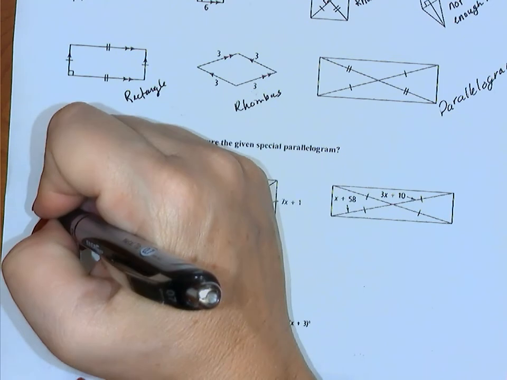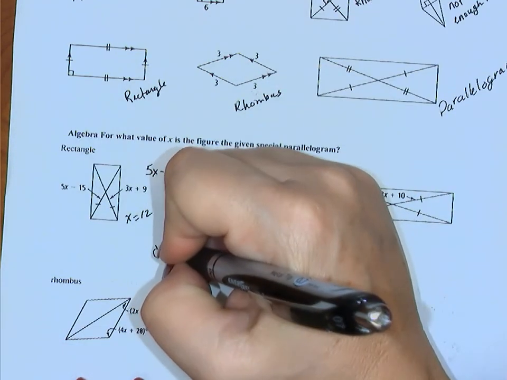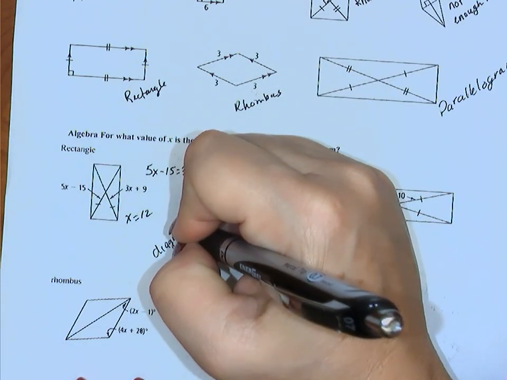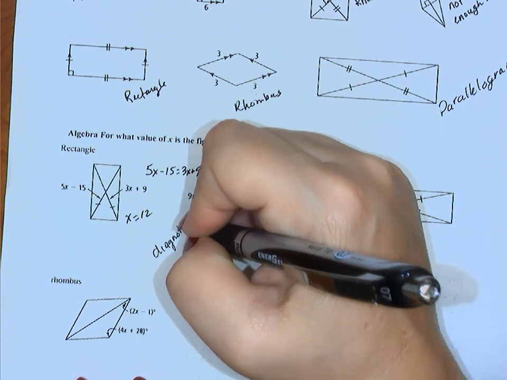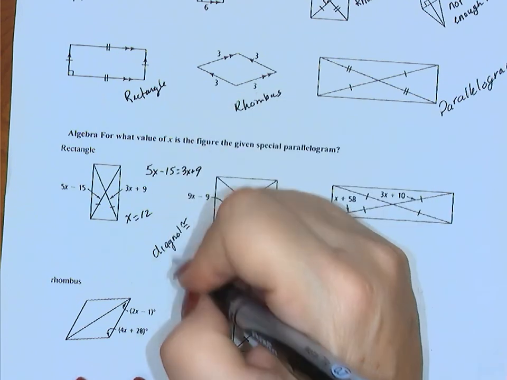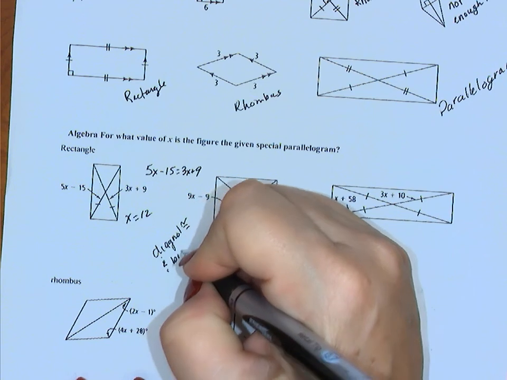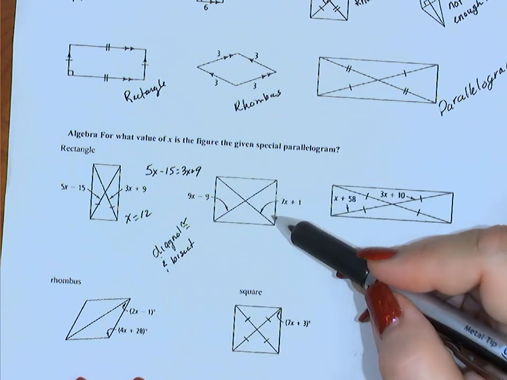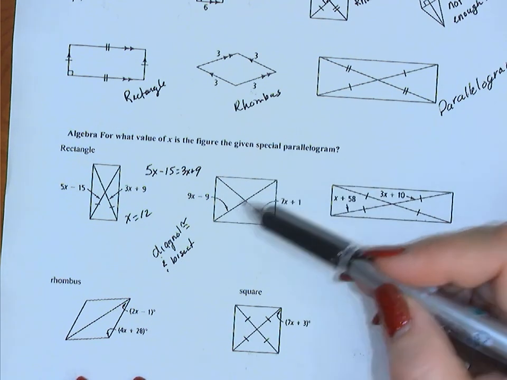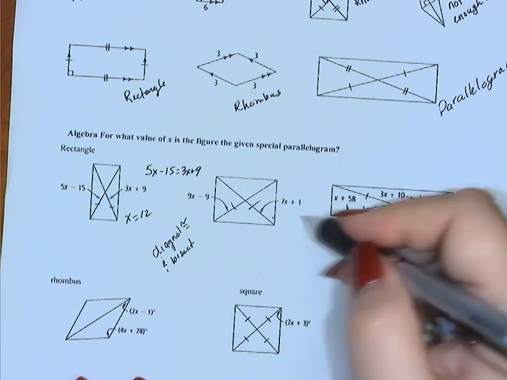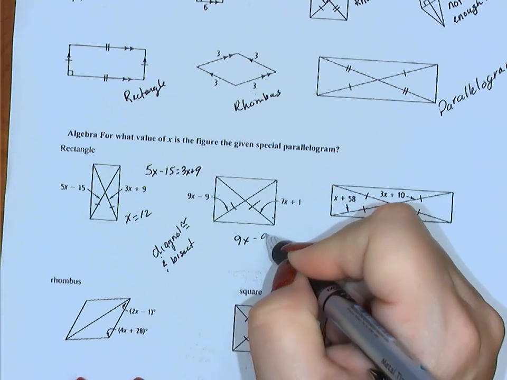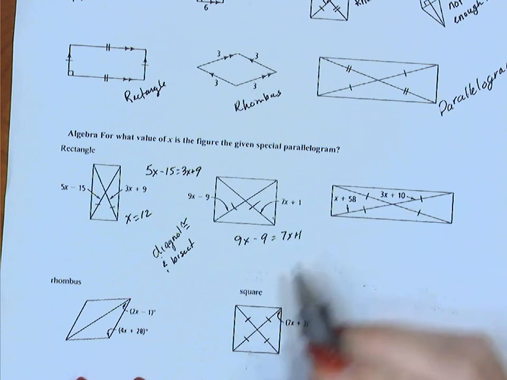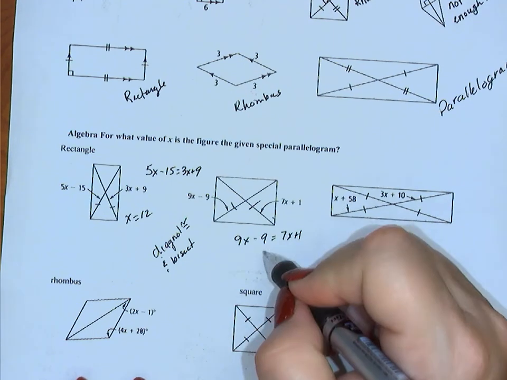So again, the reason I could do that is because the diagonals of a rectangle are congruent and they bisect each other. So again, this is a rectangle, so that means that I can set these two pieces congruent to each other. I'm going to get 9x minus 9 equals 7x plus 1. When I solve that for x, I get that x equals 5.